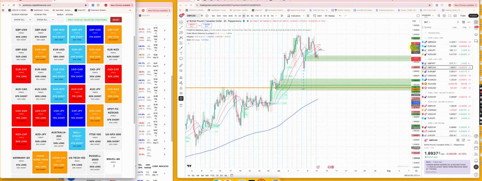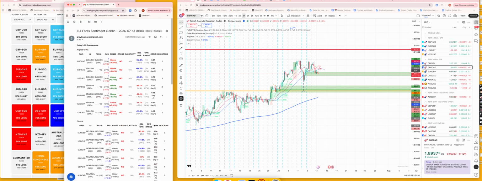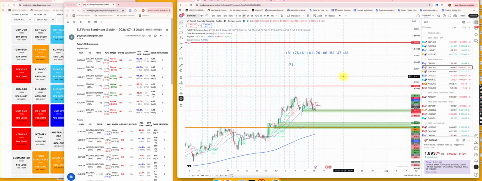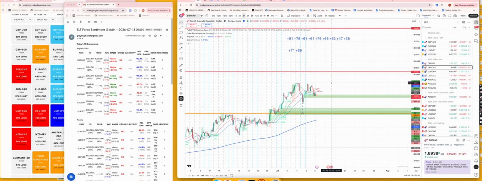Pound CAD. Let's see our relative OPRs on pound CAD. Bullish, plus 66. Slightly below where it was last night.